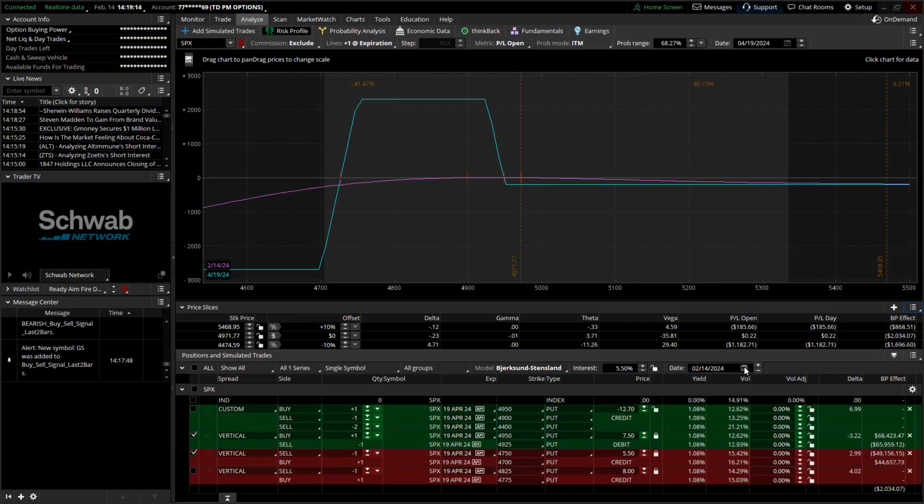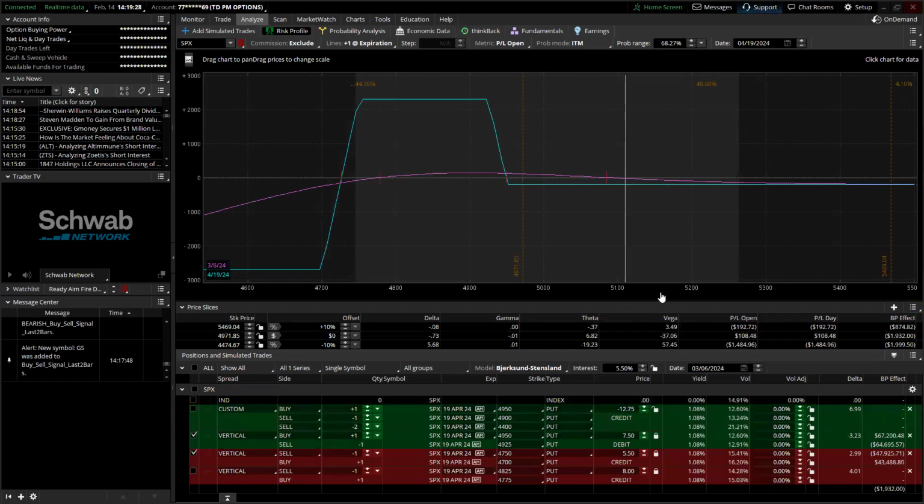And we can look at a projected T+0 line, maybe 3 weeks from today. Today is the 14th, so the 28th is 2 weeks, and then we have March 6th. Right, so this is March 6th.